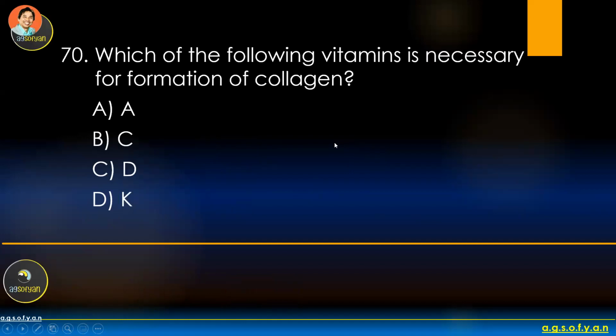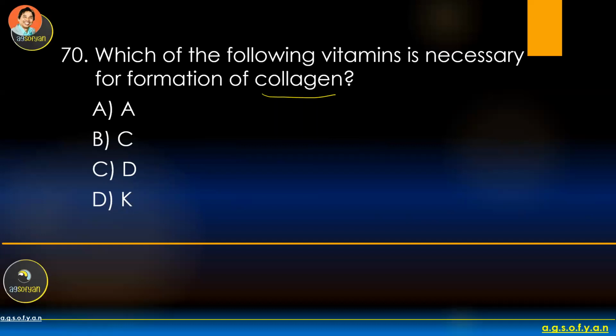Which of the following vitamins is necessary for formation of collagens? So collagen is a connective tissue that makes our bones stronger and also makes our arteries stronger, because the aorta actually has a lot of collagen fibers in it.